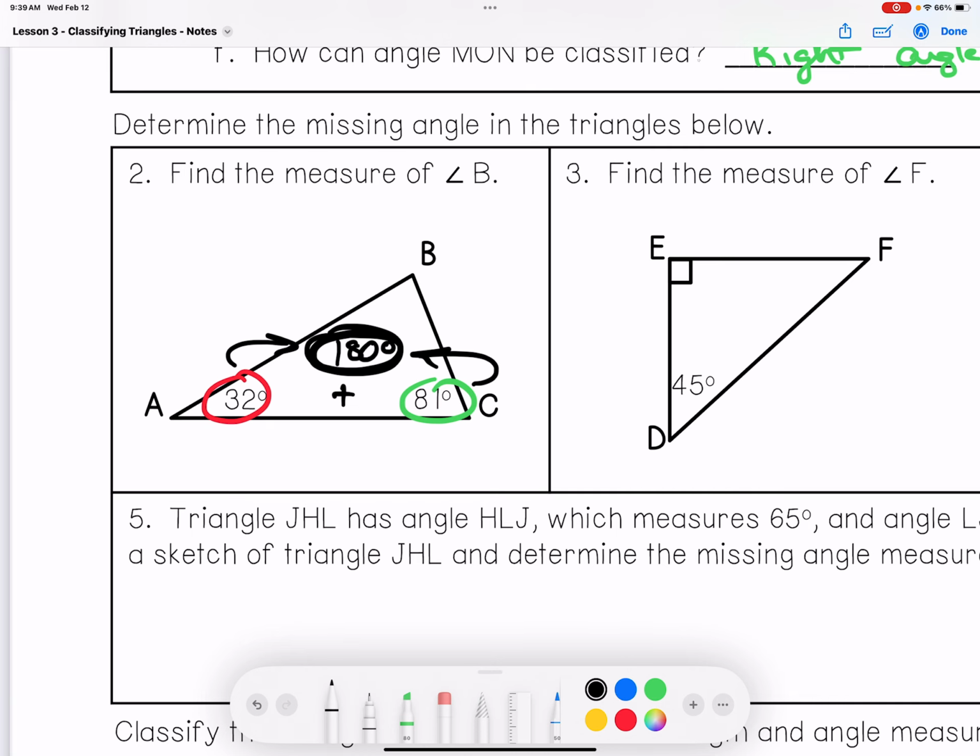So it'd be 32 plus 81 plus the one we don't know equals 180. When you work the equation out, you would get 67 degrees.